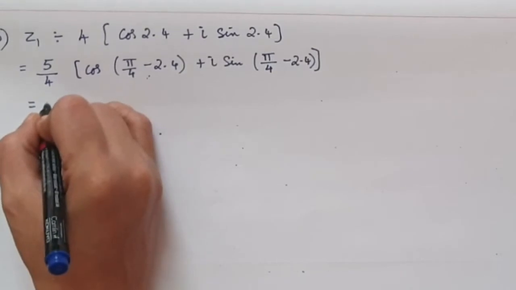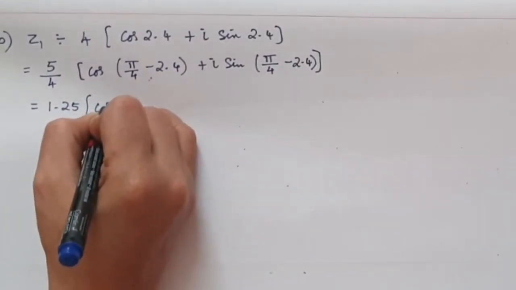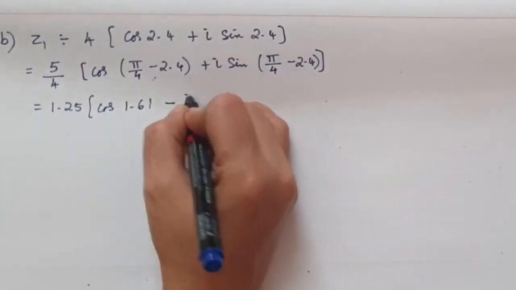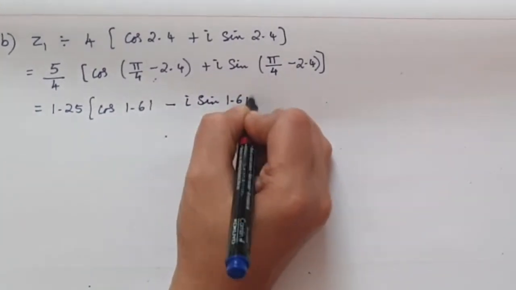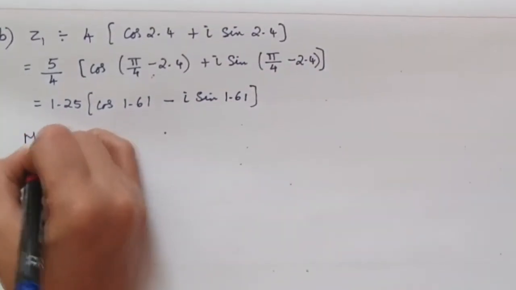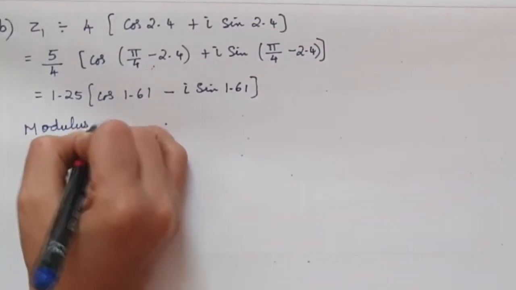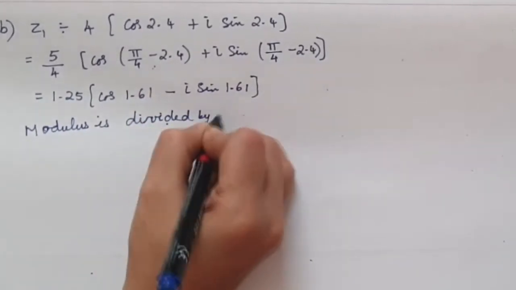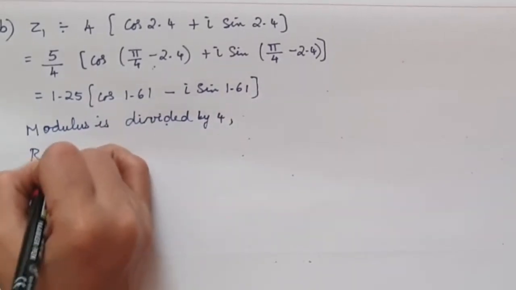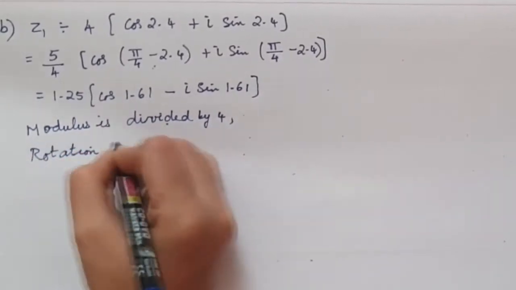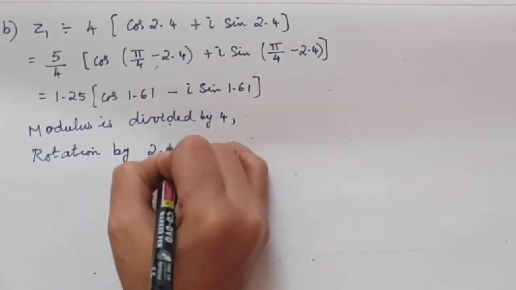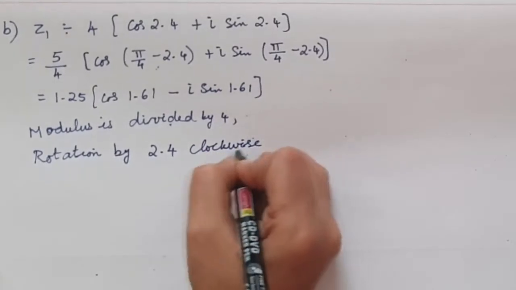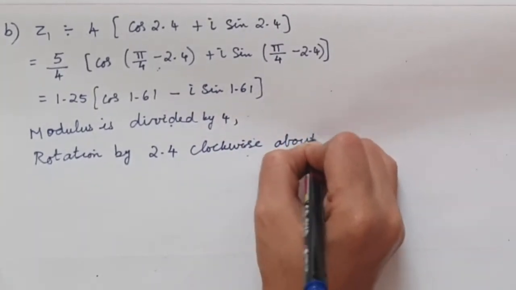When we simplify it, it is 1.25 into cos 1.61 minus i sine 1.61. So the modulus is divided by 4 and it is a rotation by 2.4 clockwise. Since it is division, it is clockwise about the origin.